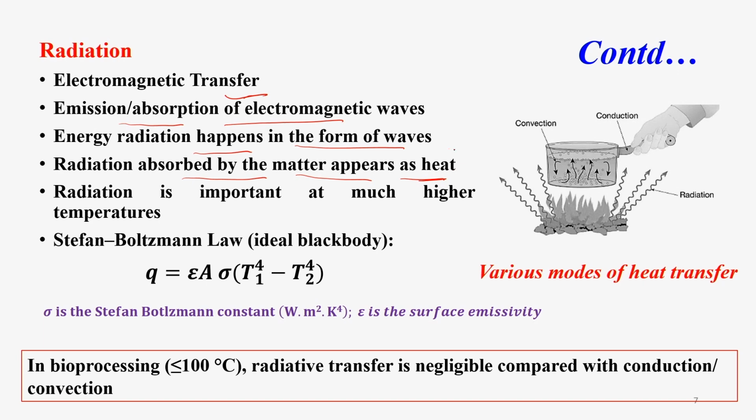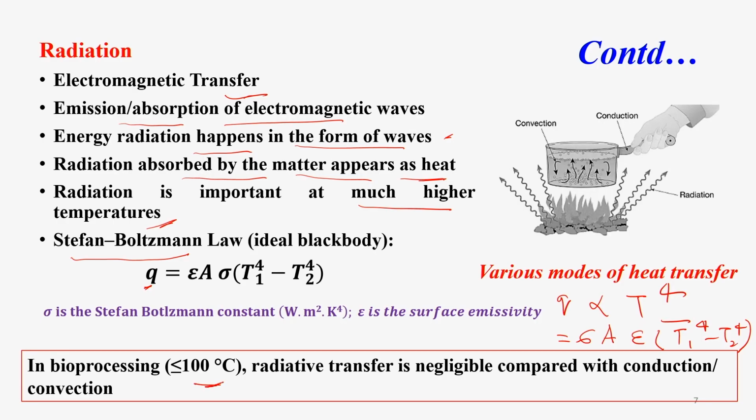It is important at much higher temperatures, and the rate of heat transfer is given by the Stefan-Boltzmann law, which says Q is proportional to T to the power 4: Q equals the Stefan-Boltzmann constant times area times surface emissivity times (T1 to the power 4 minus T2 to the power 4).